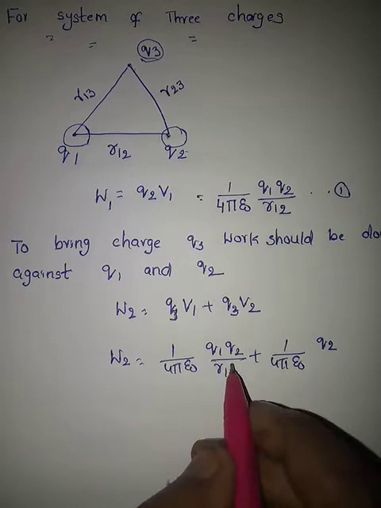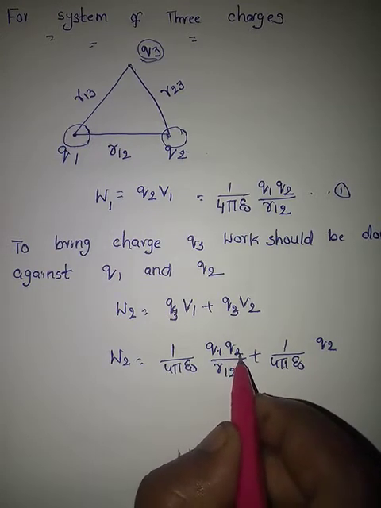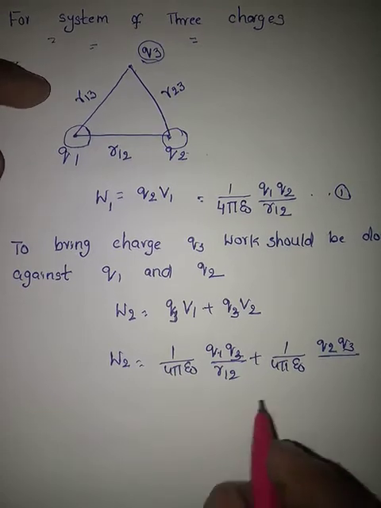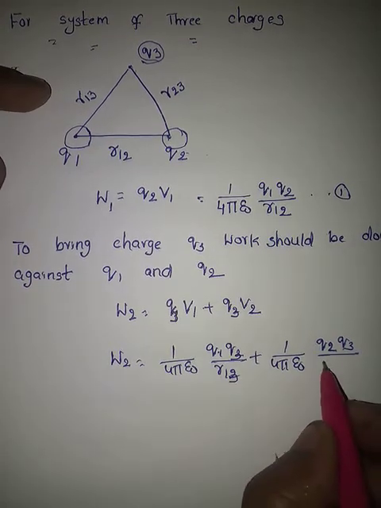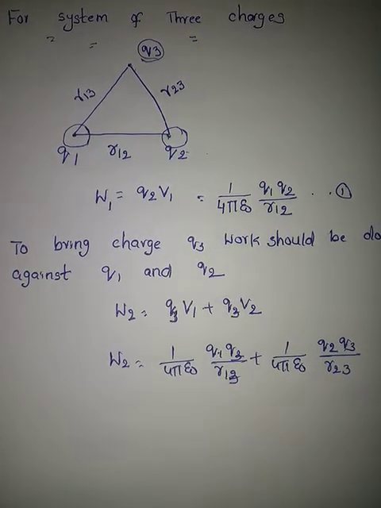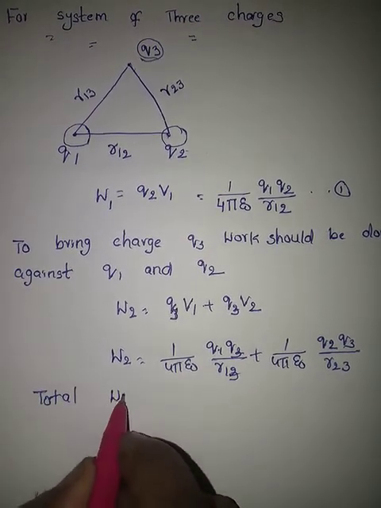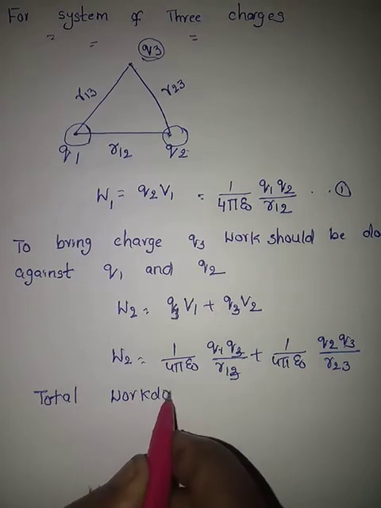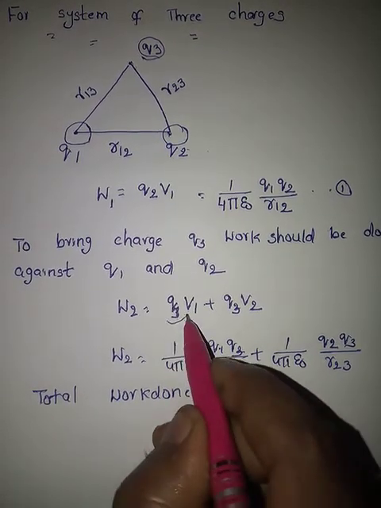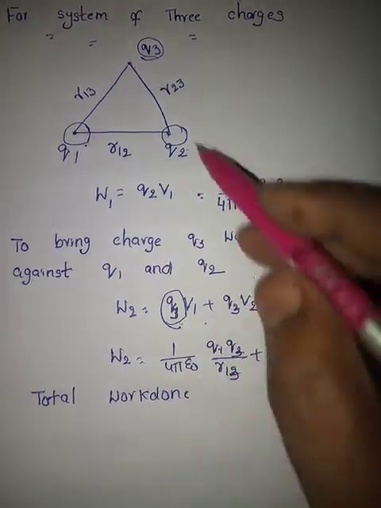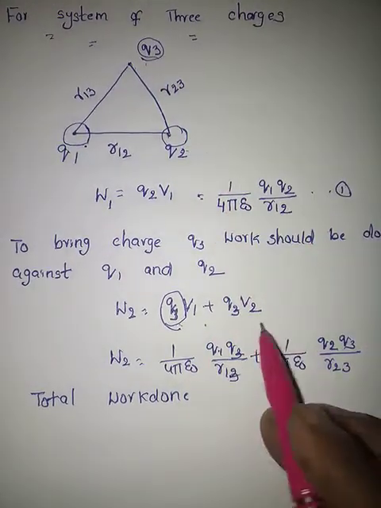So Q1 Q3 here, Q2 Q3, and the distances are R13 and R23. So for the total work done, we are bringing the charge Q3 against V1, Q3 into V1, and against V2, Q3 into V2.